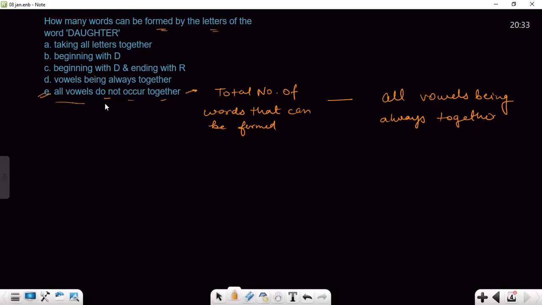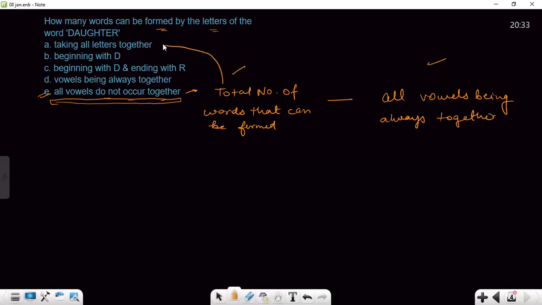So when all vowels do not occur together, we can find the total number of words formed without any condition and subtract the cases where all vowels come together, because we have already found these two.